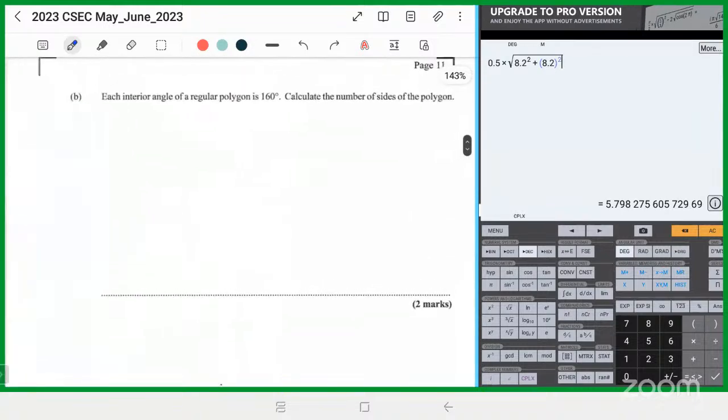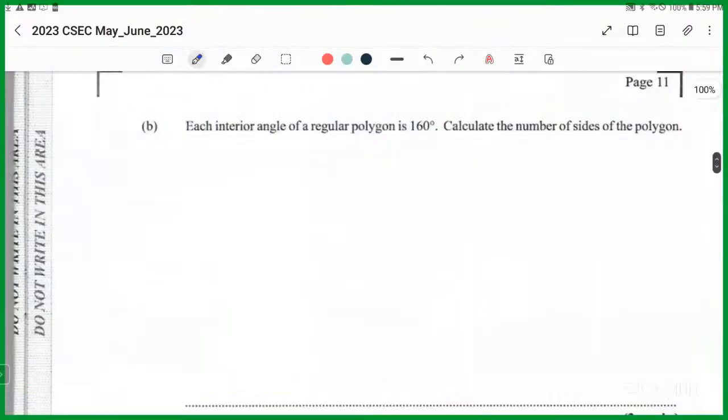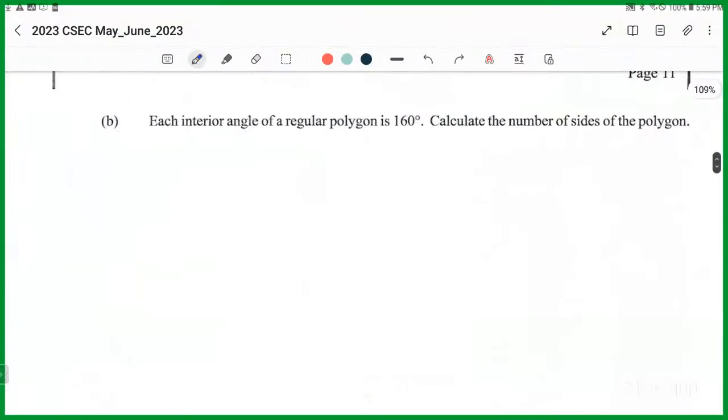Question says, each interior angle of a regular polygon, this is first quarter. A regular polygon means that all sides are equal, all angles are equal.